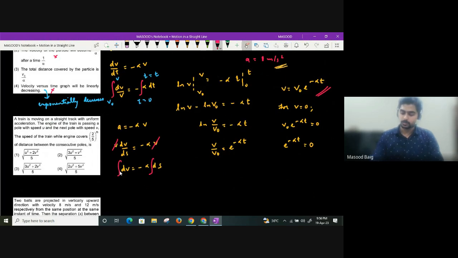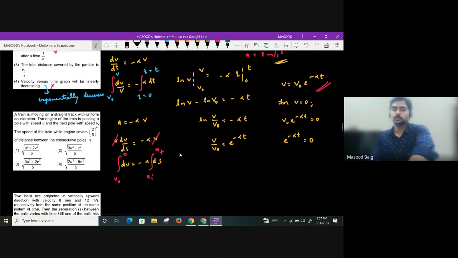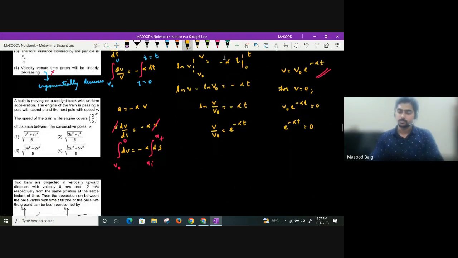Initially the velocity is v naught, then it became 0, let us say, because it is exponentially decreasing. And this is from x initial to x final. The integral of dv, you all know, will be equal to v, from v naught to v. So I think the third option will be correct, guys.